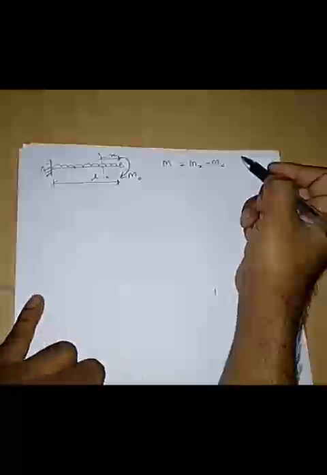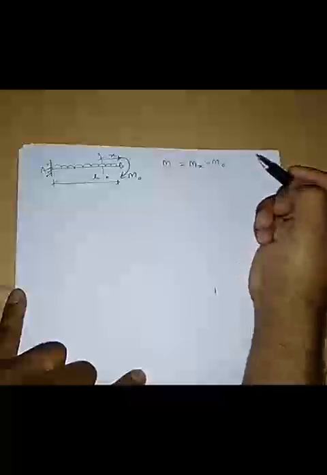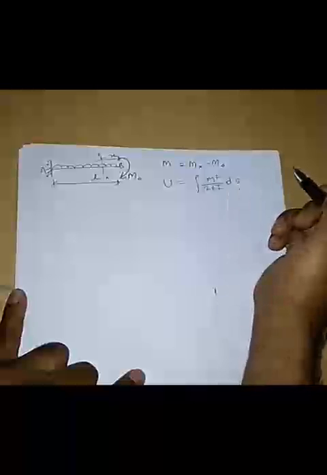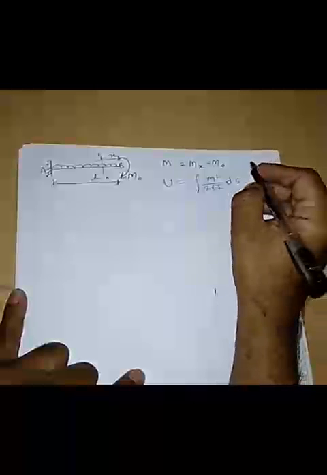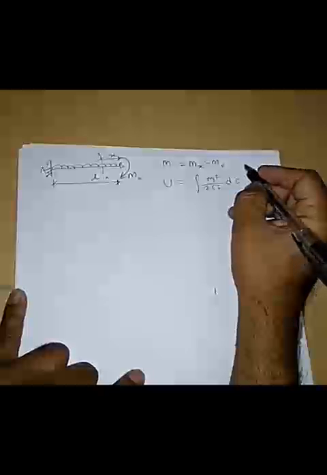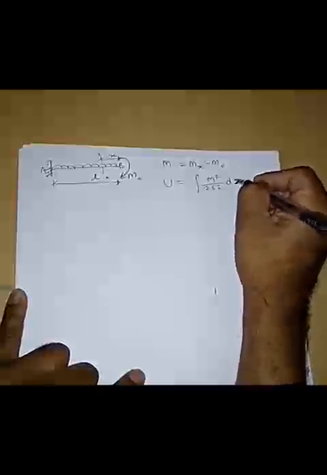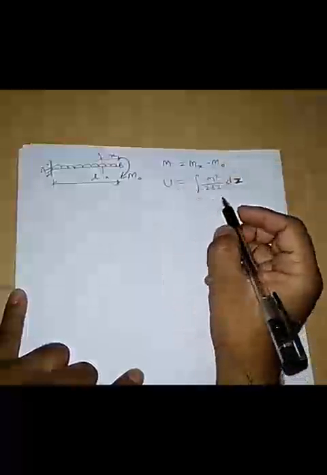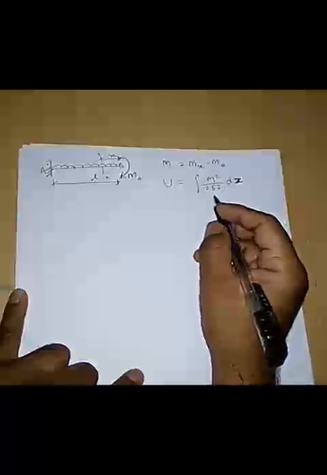Now in a similar way, for the strain energy due to bending, U will be equal to integration M square by 2EI dx. Finally, just like the deflection we got, delta equals integration 0 to L of minus Mx by EI into x dx.